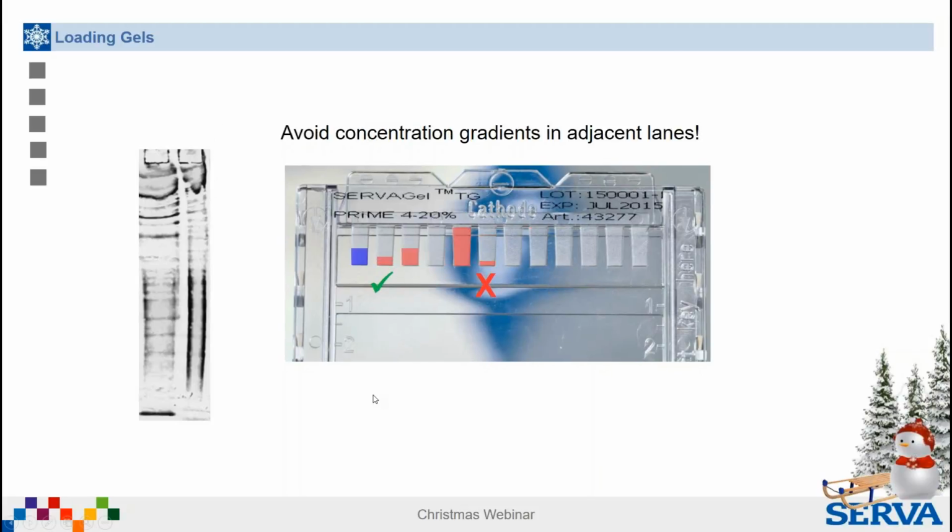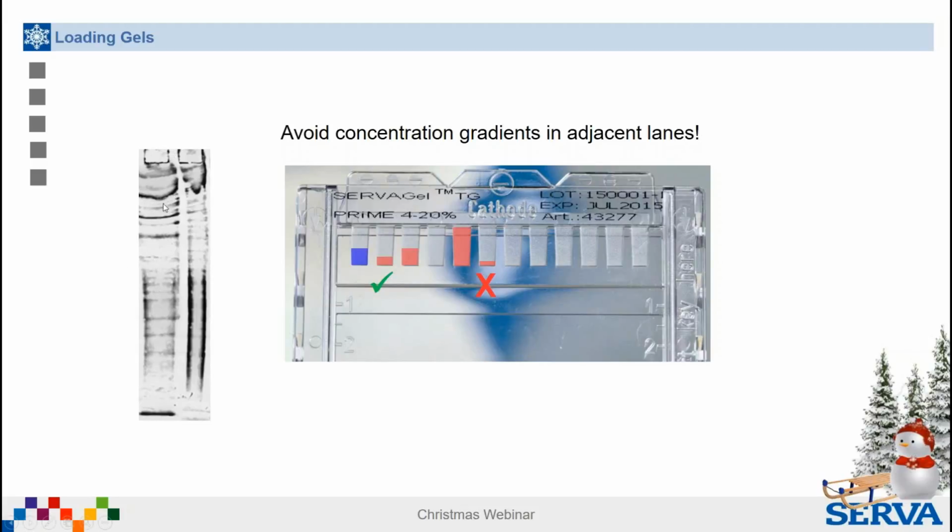The second thing is that you have to avoid concentration gradients, so the empty lanes, or neighbor lanes, should have the same concentration. What happens if you overfill the neighbor well, or if this well contains significantly more salts, then you will have this appearance.